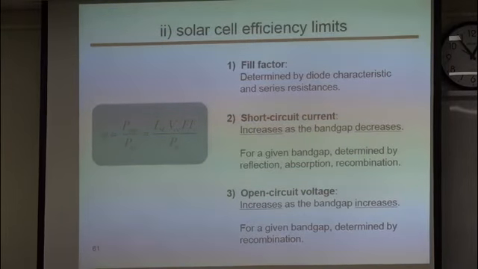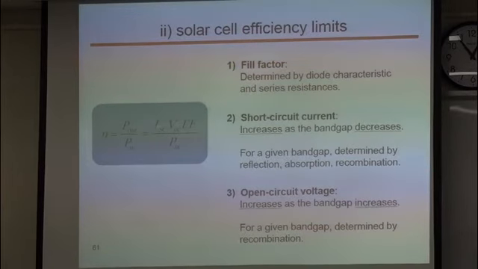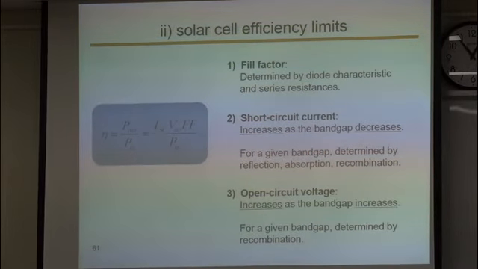So when you consider this equation, VOC and ISC are in the same place: efficiency will be proportional to the short circuit current as well as the open circuit voltage, but the intrinsic characteristics of the short circuit current and open circuit voltage are in opposite directions, which is one of them increases, but the other one decreases with band gap. So we need to balance between the two concepts to maximize the efficiency of the solar cell.